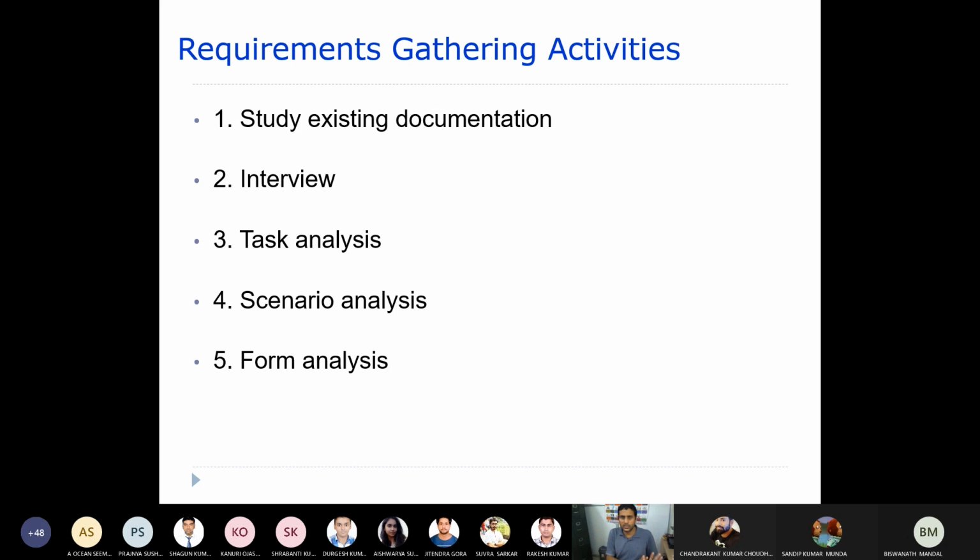The analyst will read all these documents, and after that he will identify who are the users of that particular system. He will categorize all the users of the system. For example, for our Netris software, who will be the users usually? Maybe the faculty, students, accountants, and then dean, director.